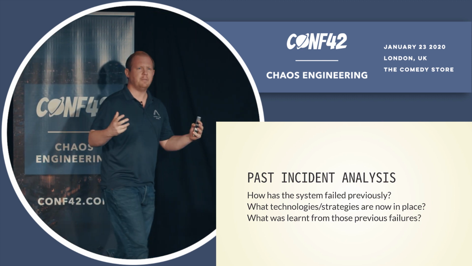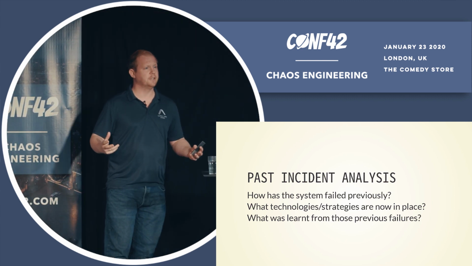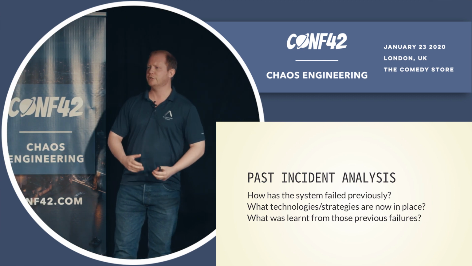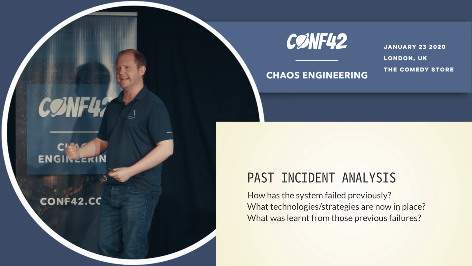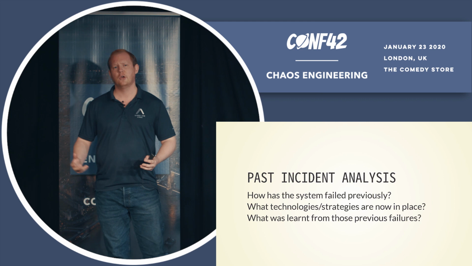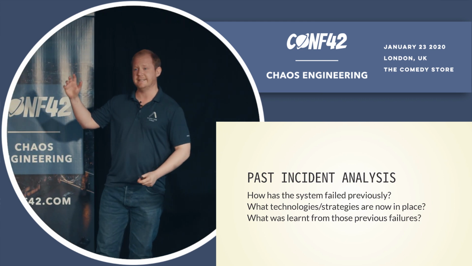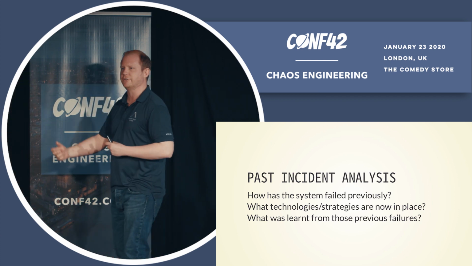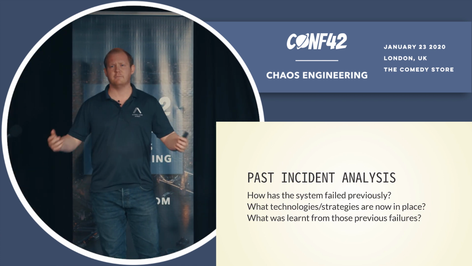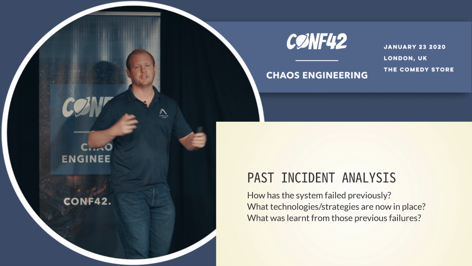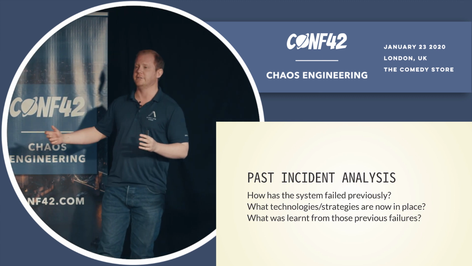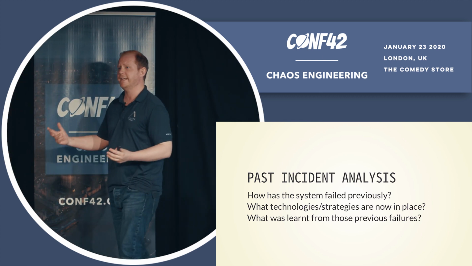So look at the past incidents that have happened in your environment. What's happened and what technologies and strategies were put in place to mitigate that issue. Say we had a standalone SQL Server instance in production, that instance went down, and some sort of HA strategy was put in place. Whatever that may be, maybe it's mirroring, maybe it's clustering, maybe it's Always On availability groups, or if you're mad, we can use replication.